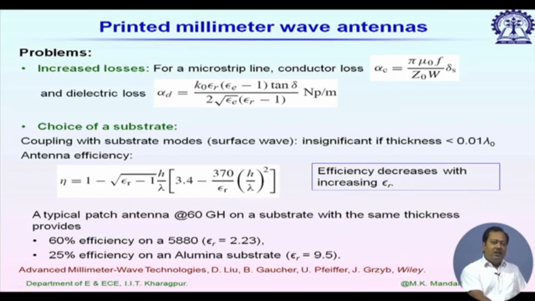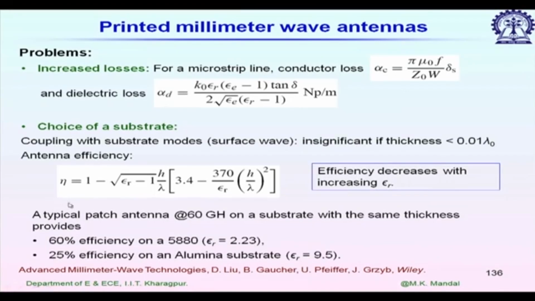Why does antenna efficiency decrease with increasing dielectric constant? Because when we increase the dielectric constant, it generates more surface wave, because the thickness of the substrate is fixed, but in terms of lambda, the effective thickness is increasing with increasing epsilon r. For one typical example, consider a patch antenna designed at 60 gigahertz on a substrate with the same thickness, but in two different substrates with different epsilon r.